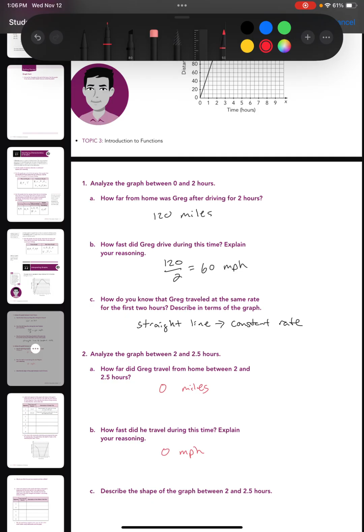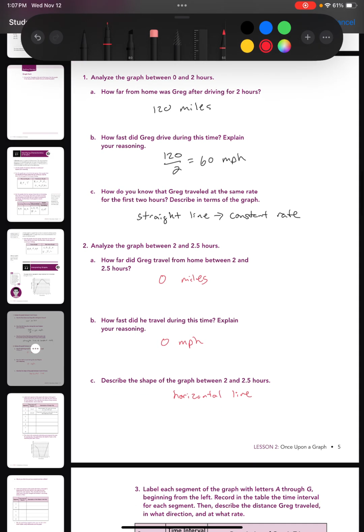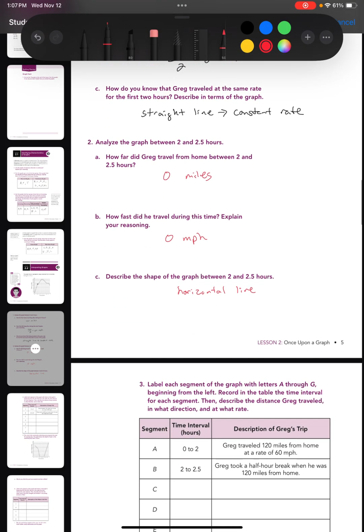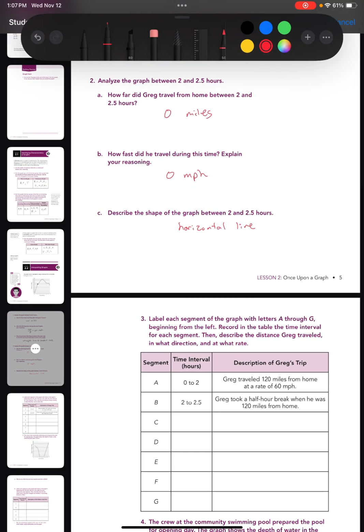So the shape of that part of the graph where it was 0 miles changing created a horizontal line. So that horizontal line showed that the time was passing, but the distance wasn't changing to create a change, a rate of change there. It's just 0.